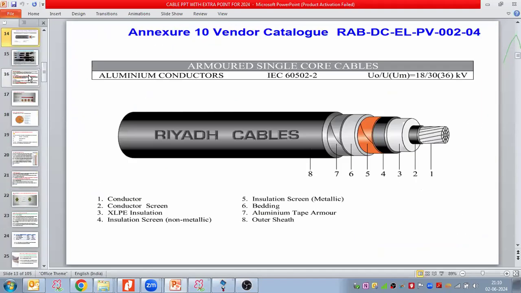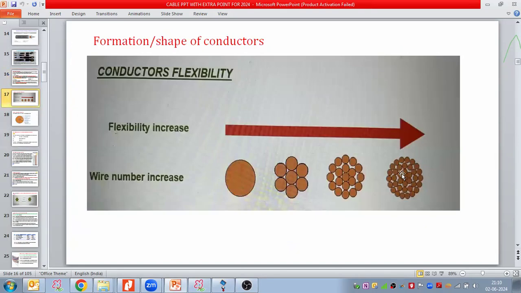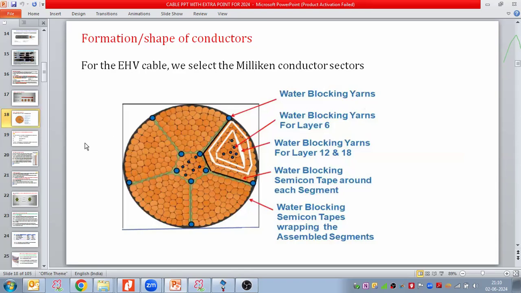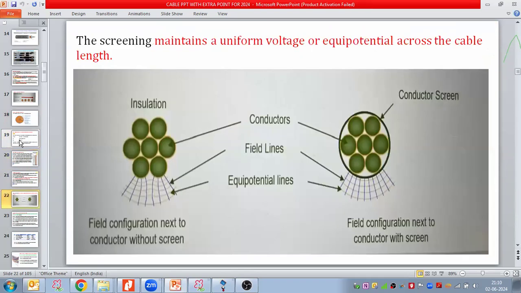Uniform equipotential. Not to avoid skin effect; to avoid the skin effect, we are taking stranded conductor. This type of conductor we are taking to avoid the skin effect. Reducing electrical stress, yes, the electrical stress that we discussed.